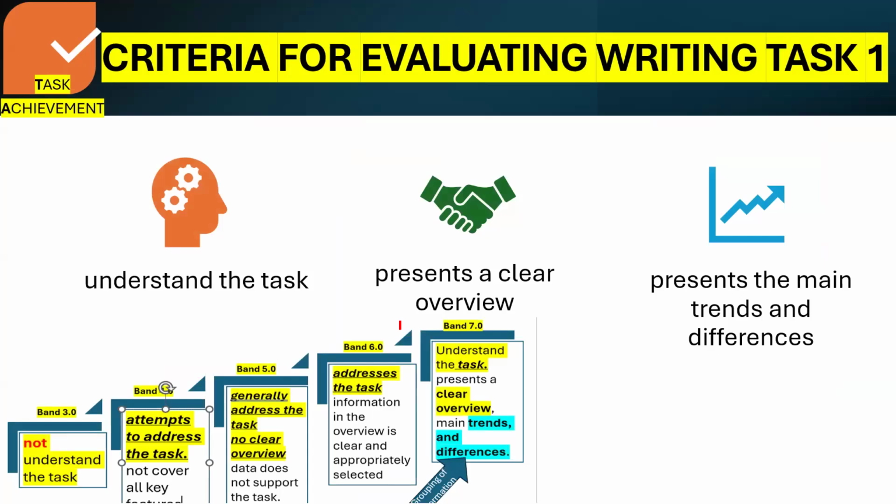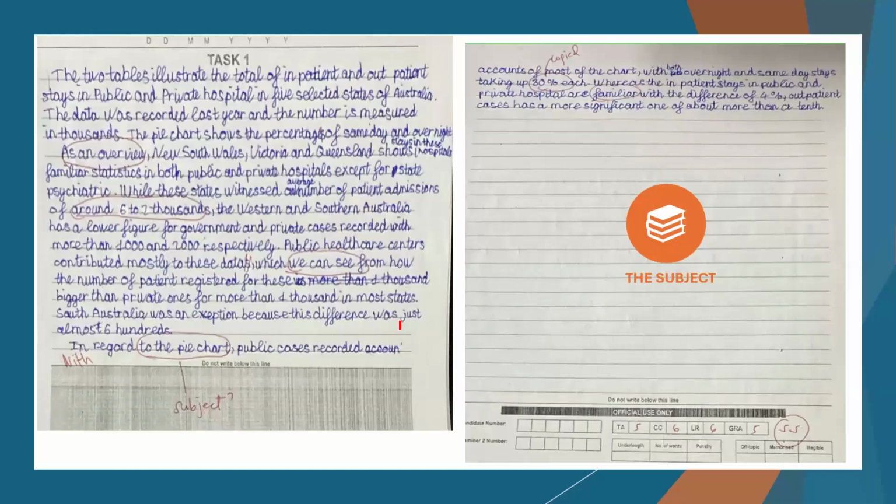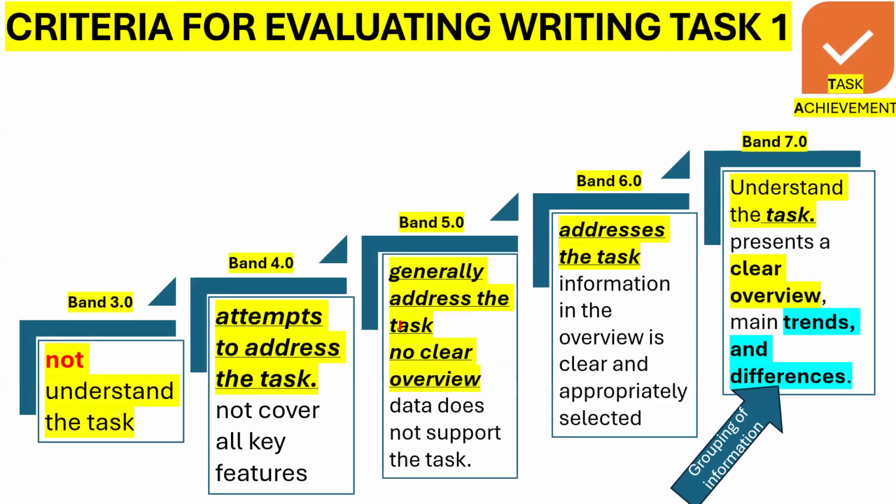Now, as a short recap, when we say task achievement and to get a band 7.0 for task achievement in writing task 1, the first is we have to understand the task. In understanding the task, we need to understand the essay type, the essay structure, and the subject.